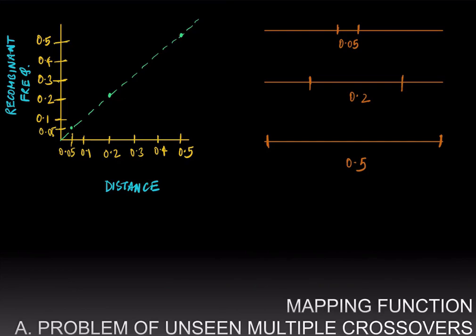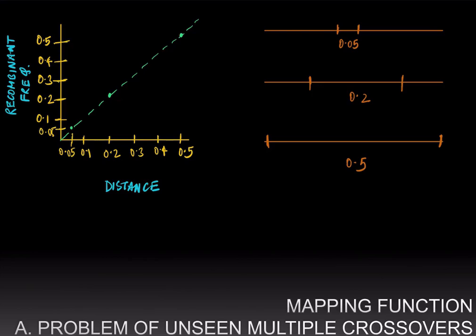However, there is a problem with this idea. In order to illustrate this, I have three pairs of genes located at various distances from each other: 0.05, 0.2, and 0.5 map units.